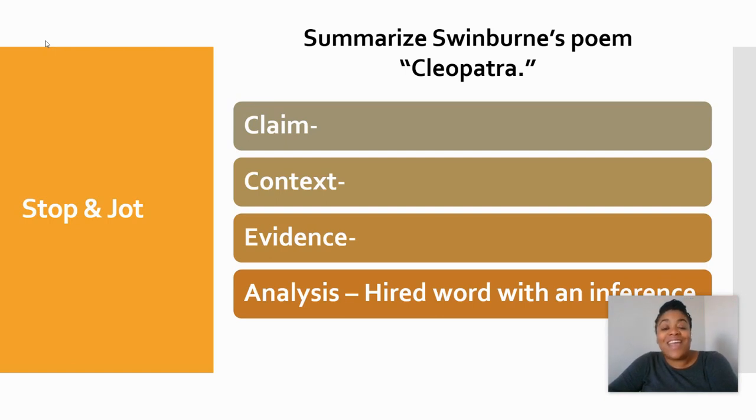All right, scholars, now that you have your claim, it's time to give context. Now remember, context is the information that's needed to understand your claim and to help the reader understand your summary or your ACE paragraph. Think about if a person had never read Cleopatra. What important information would they need in understanding what you're talking about?